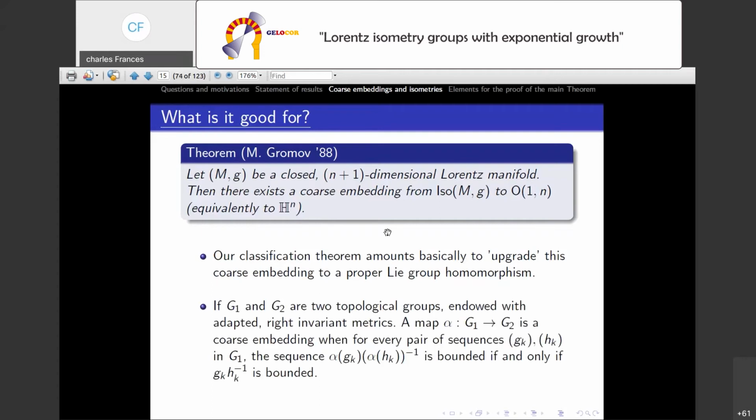And let me also mention what we mean by a coarse embedding between groups, such as Iso(M,g) and O(1,n). So a nice way to see things is the following condition.